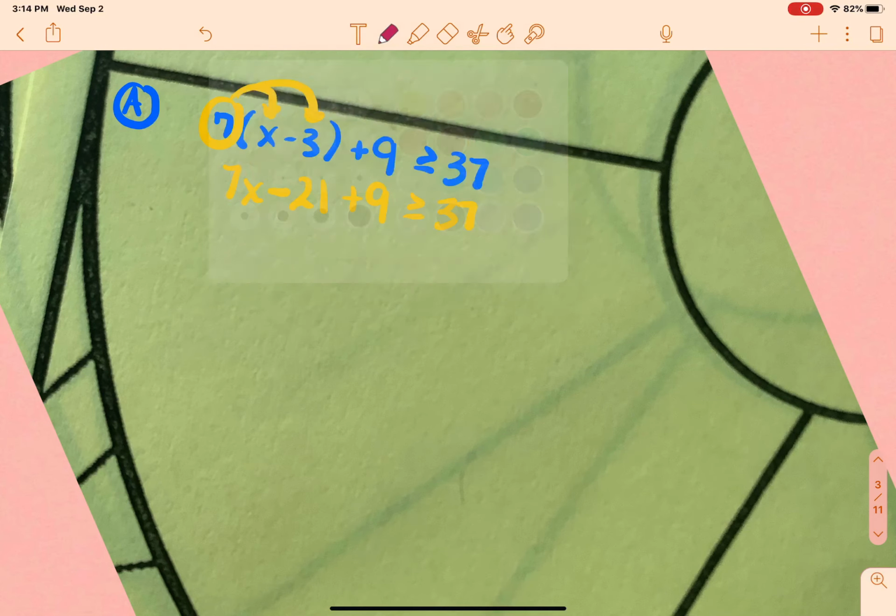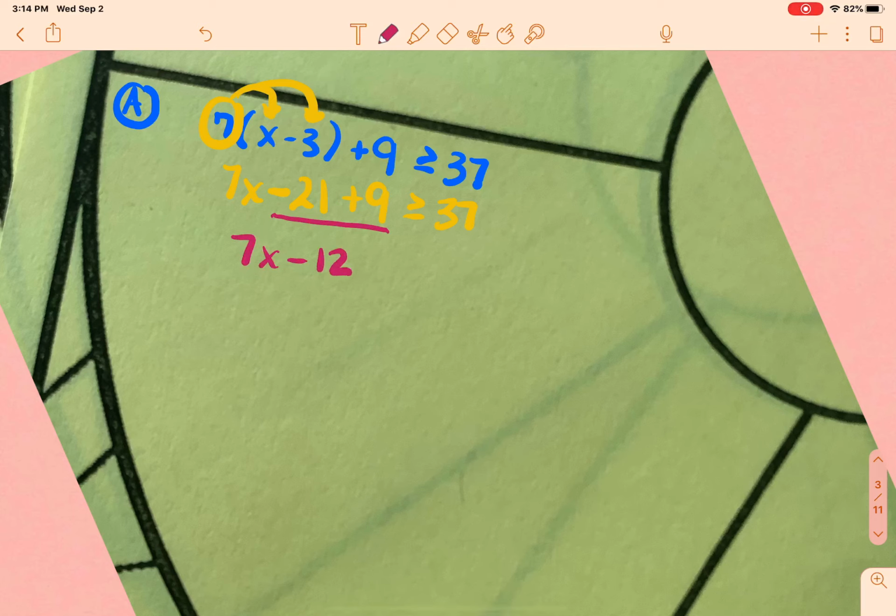Now I'm going to work on getting some things together. So first of all, these two are on the same side. So negative 21 plus 9 is going to be negative 12. So I'm going to do minus 12. I'm going to bring down the 37.